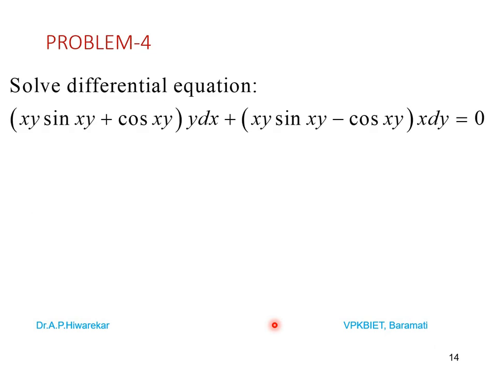So next problem, solve the differential equation (xy sin xy + cos xy) y dx + (xy sin xy − cos xy) x dy = 0. Obviously, just by observation, we can see that this differential equation is in the standard form f1(xy) y dx + f2(xy) x dy = 0.